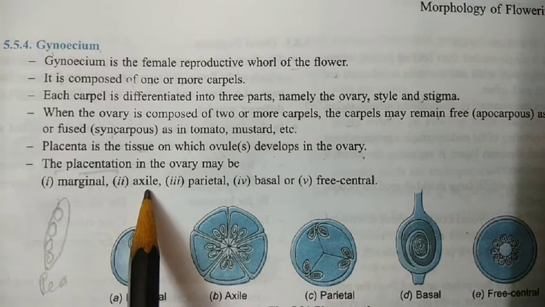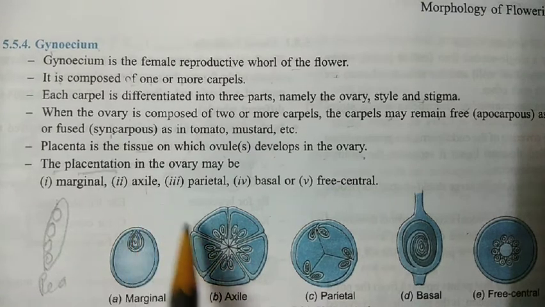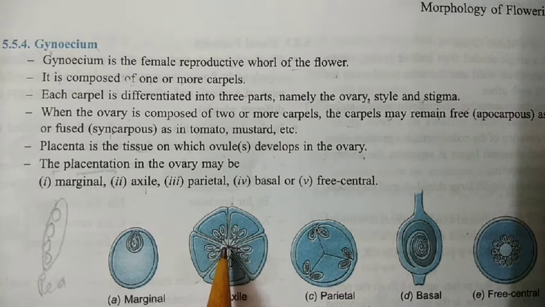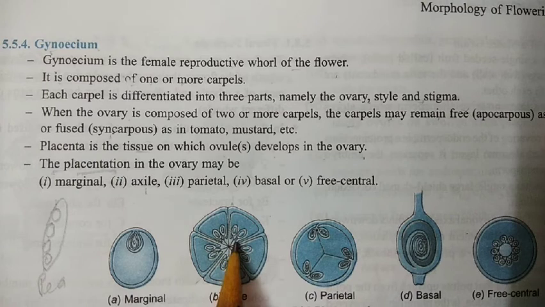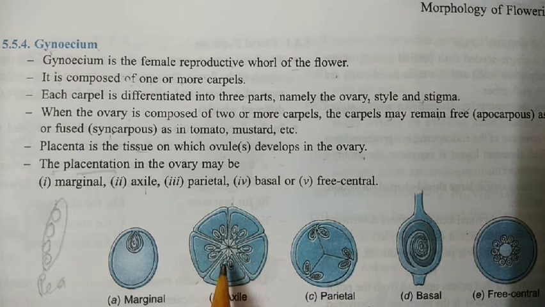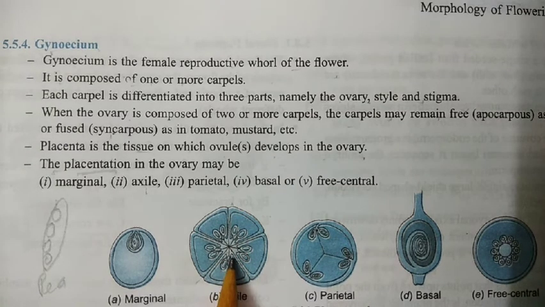Axial placentation: the ovules are present in the axis in the ovary, and this condition is found in China rose and citrus.